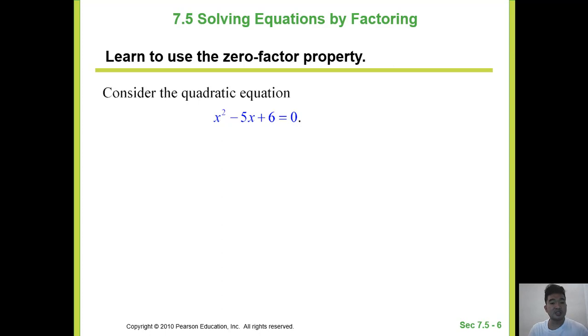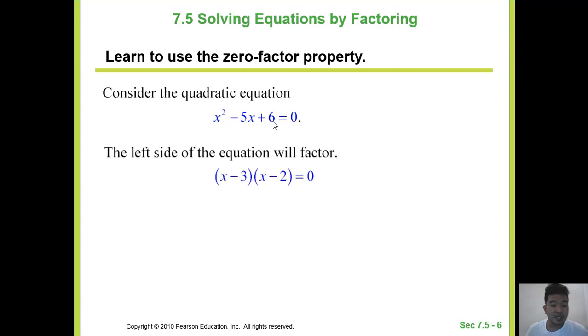Consider the quadratic equation x squared minus 5x plus 6 equals 0. As we can see, this equation is being equated to 0. That means that one of the factors of this quadratic equation can be equal to 0. The left side of the equation will factor as the quantity of x minus 3 times the quantity of x minus 2 equals 0.